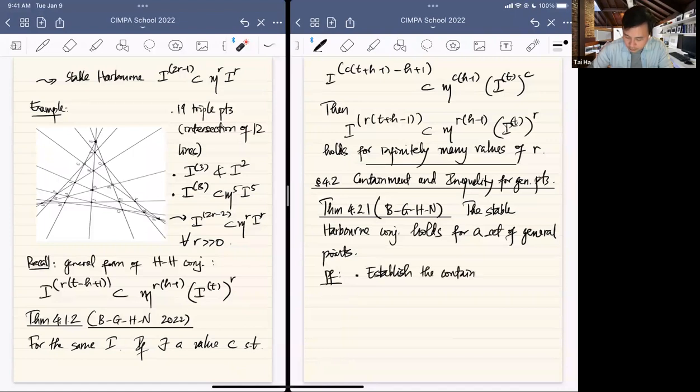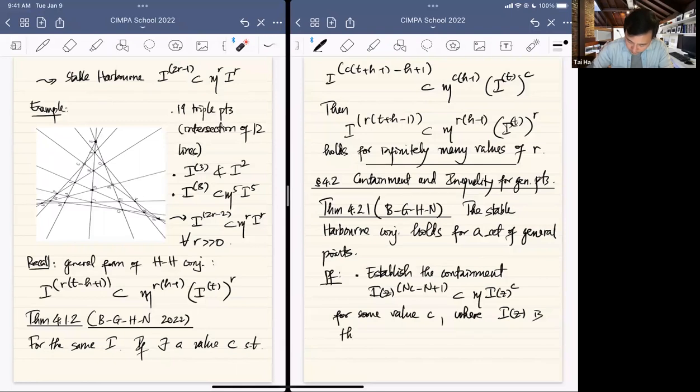And now we're looking at not just I, but I_Z, which is the ideal of the generic set of points, to the nc minus n plus 1 contained in m and I_Z to the power c for some value c, where I_Z is the defining ideal of the generic set of points.